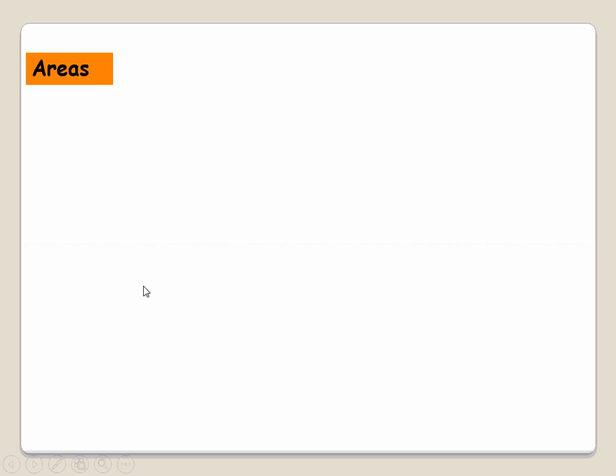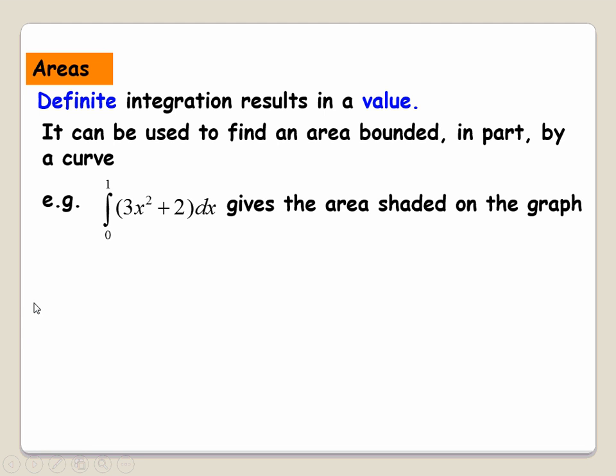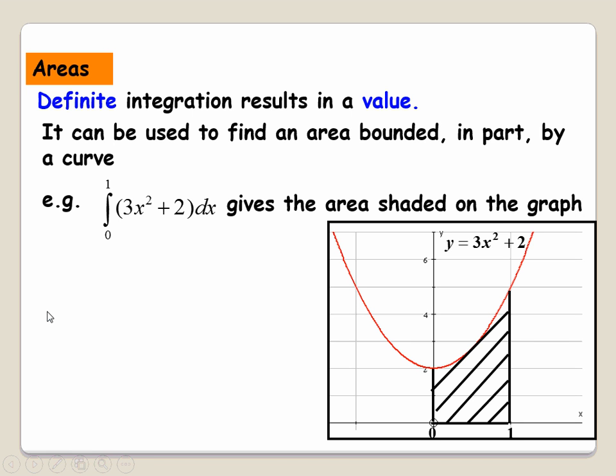All right. So, bringing it all together. An integral, which we've already talked about, okay? A definite integral is going to give us a value. That value is going to be the area under the curve to the x-axis between A and B. These are what we call limits of integration.